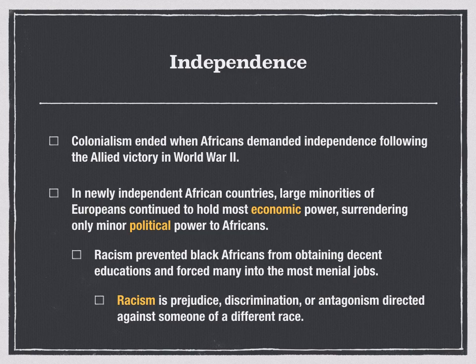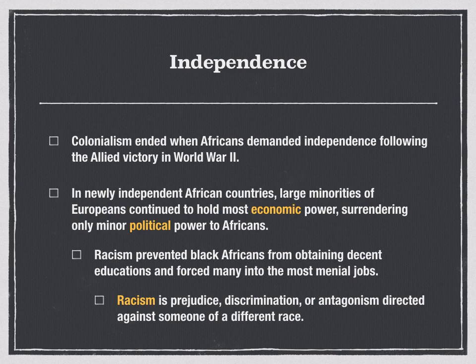So the African nations, lots of colonies actually around the world at this time, became independent. And unfortunately in Africa, a large minority of Europeans continued to hold most of the economic power, control the money and the resources.